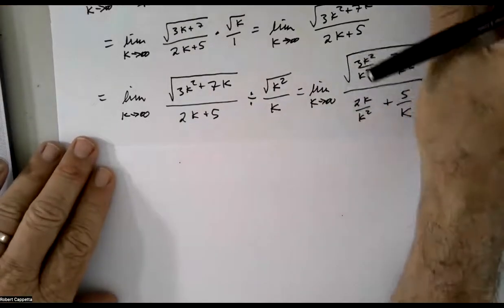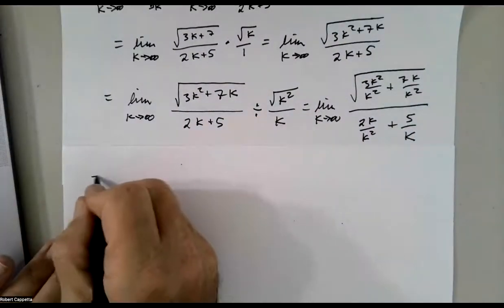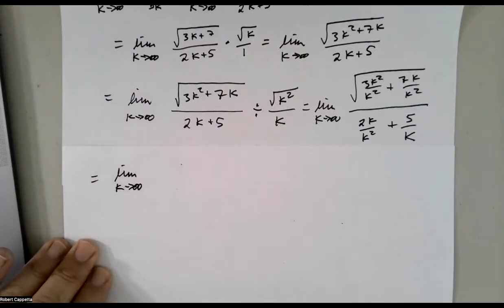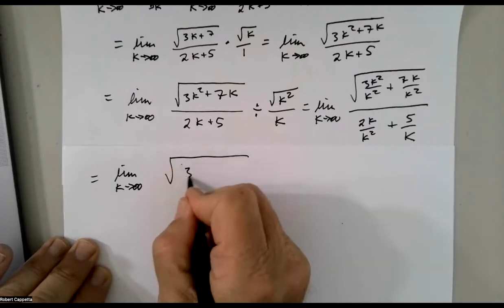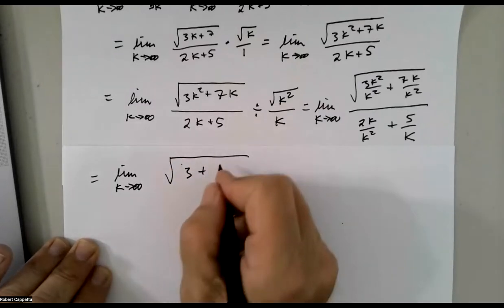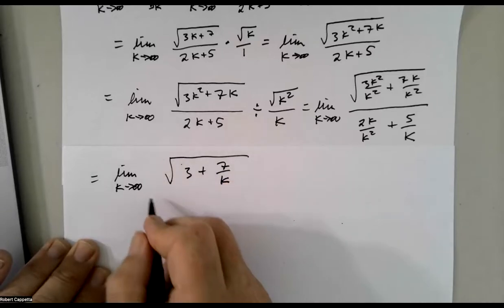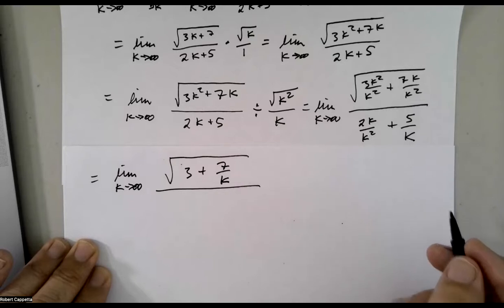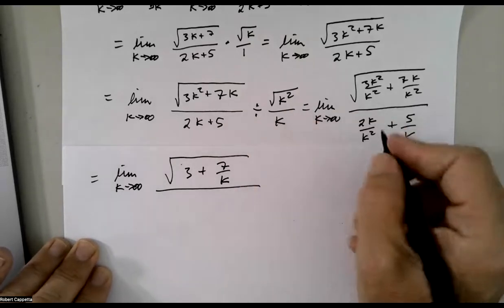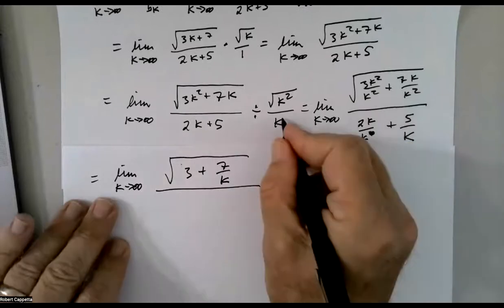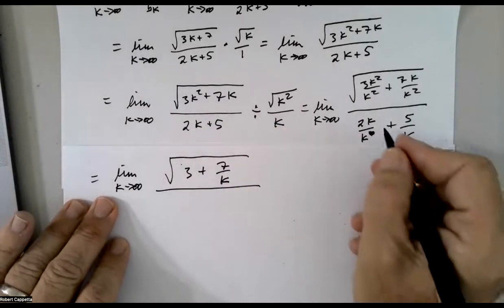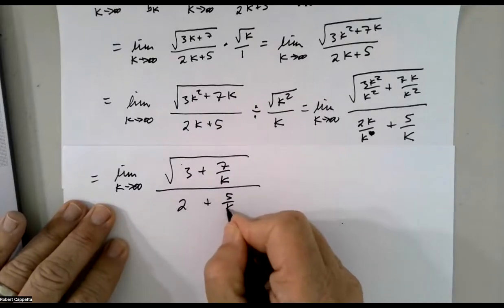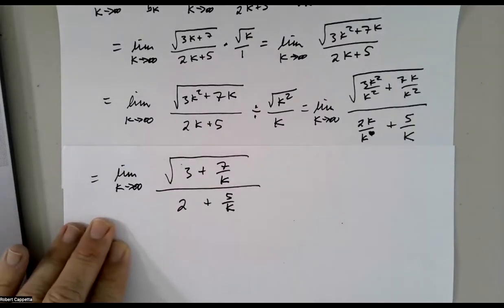You get the limit of the square root of (3 plus 7 over k) divided by... I'm sorry, I divided by k, so 2k over k plus 5 over k. That's an error, right? If I divide by k, 2k over k is just 2, plus 5 over k. Now, what will this be?